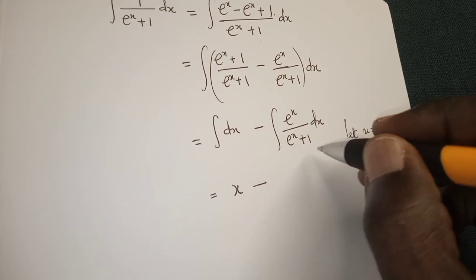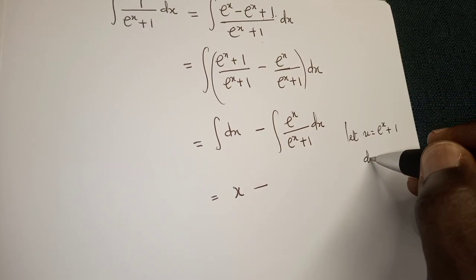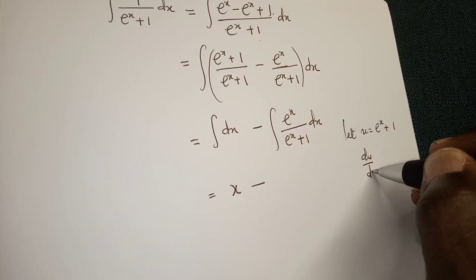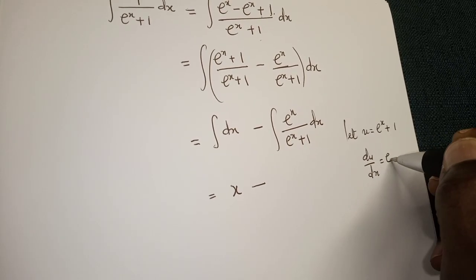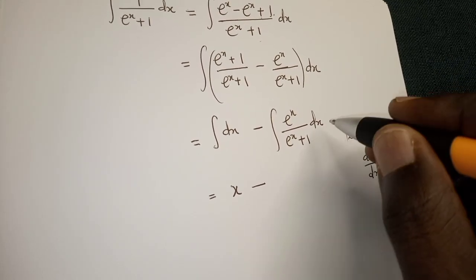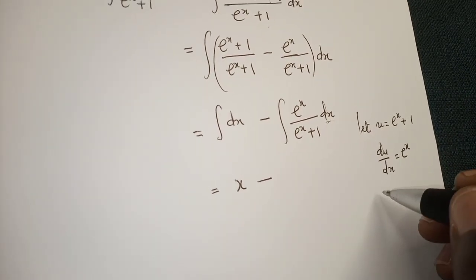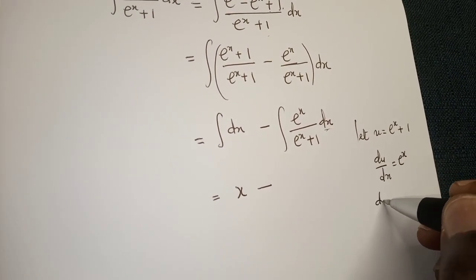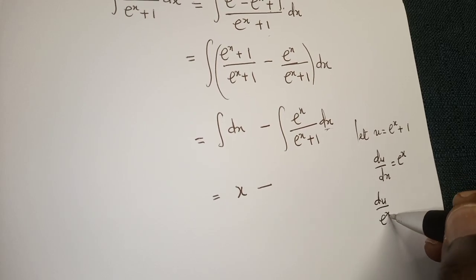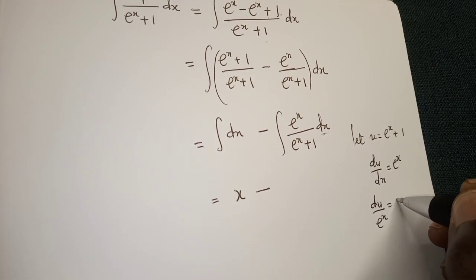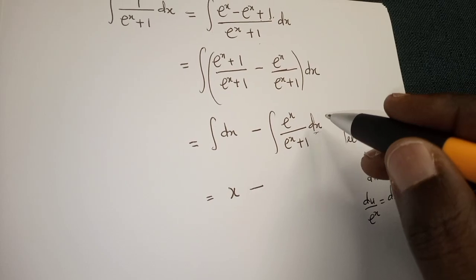Okay, that's the denominator. Then we differentiate: du on dx should be equal to e exponent x. So we make the dx the subject, so we're having du on e exponent x equals dx.